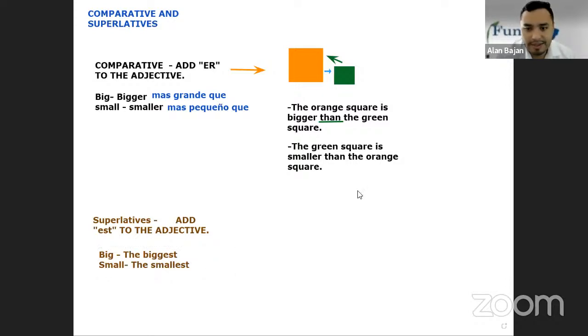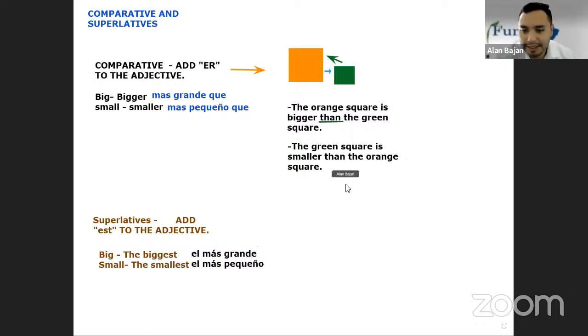Basically, what that means in Spanish is with the superlatives, I compare one object to the rest of the group of objects.